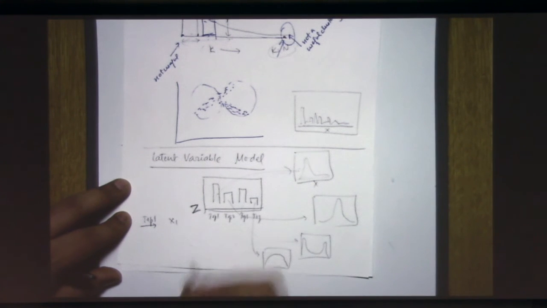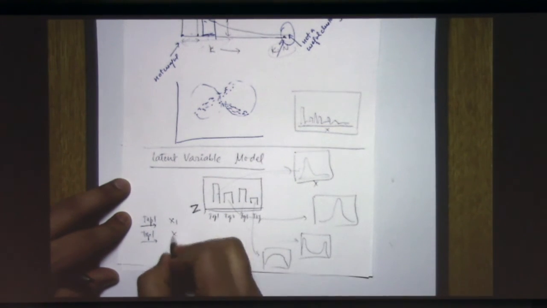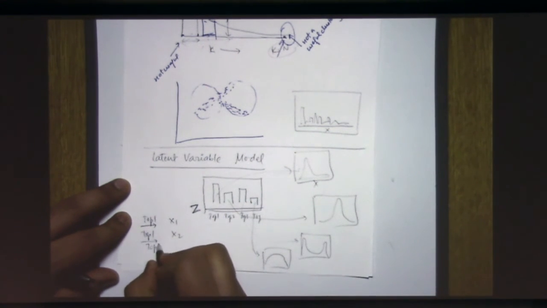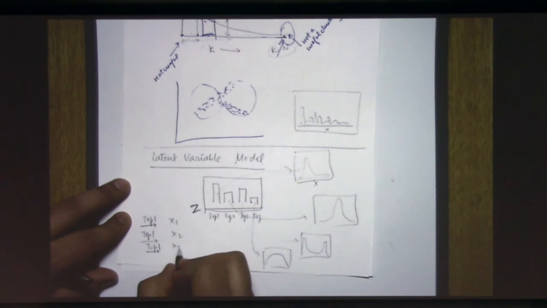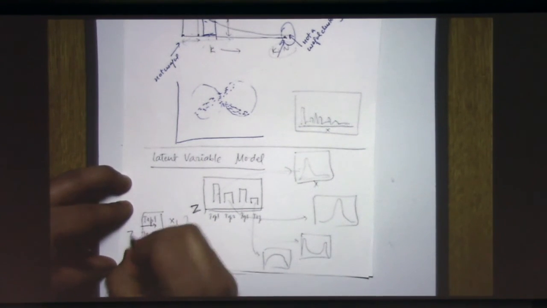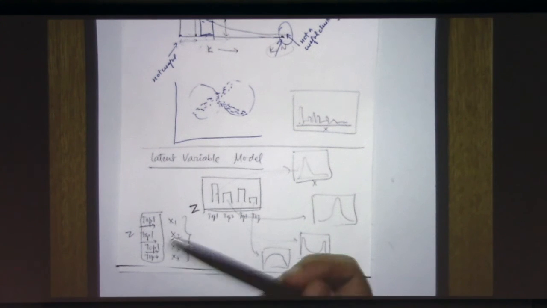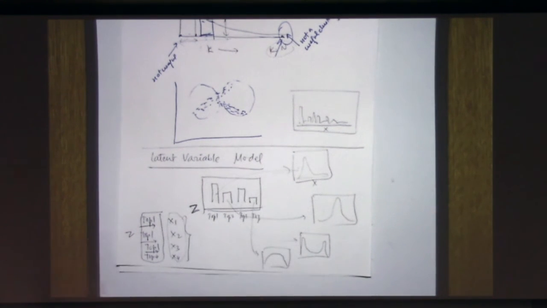So that will be X1. Then again she would have picked the next topic. Maybe that was topic 1 again, and then she would have picked X2. Then maybe she would have picked topic 1 again, X3, and topic 4, and then X4, right? So these are what we call the Z's. These are the hidden variables that generated this data. Now I as a reader would only have access to this, right?